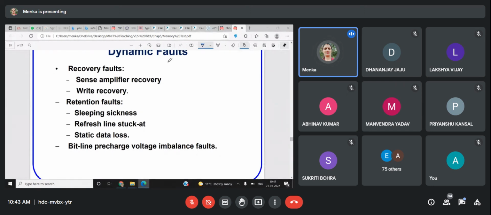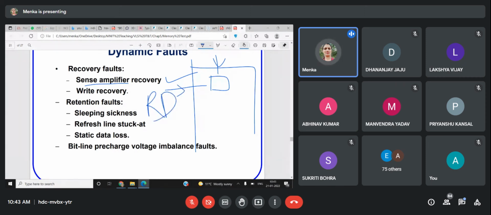So dynamic, as the name suggests, dynamic means generally our DRAM, dynamic random access memory, as the name suggests, will have the sense amplifiers there. Okay, I just showed the memory structure, the DRAM memory structure. We had sense amplifiers. These will be taking the data from the memory which was selected from the address decoders. These are the address decoders: row decoder, RDC, column decoder, and this was your cell, memory cell.